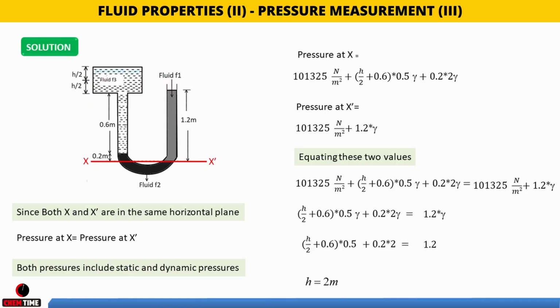Equating these two, we get 101,325 newtons per meter square plus (h by 2 plus 0.6) into 0.5 gamma plus 0.2 into 2 gamma is equal to 101,325 plus 1.2 gamma. And we can get rid of the gamma because it is common in all the equations, and 101,325 gets cancelled out. So this gives h is equal to 2 meters.